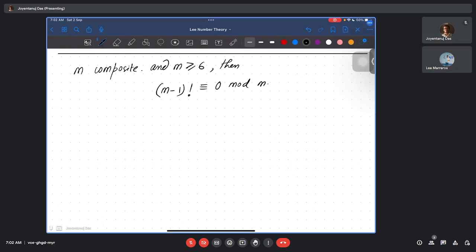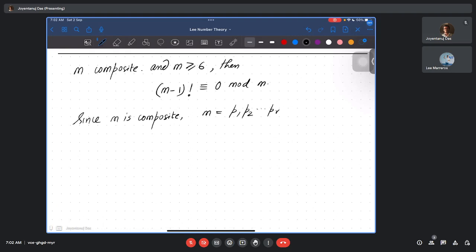Since m is not a prime, m is composite, so I can write it as a product of primes. I have a prime factorization, so m equals p1, p2 up to pr.